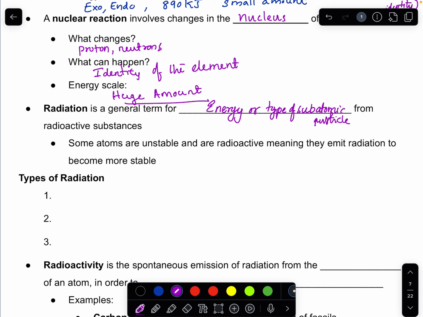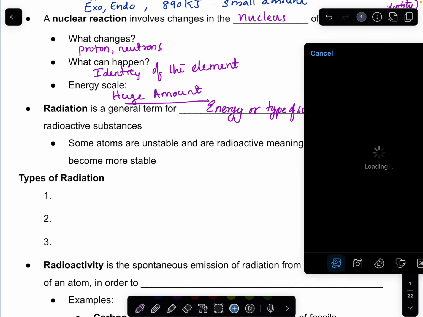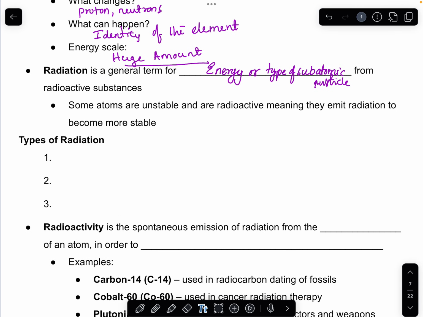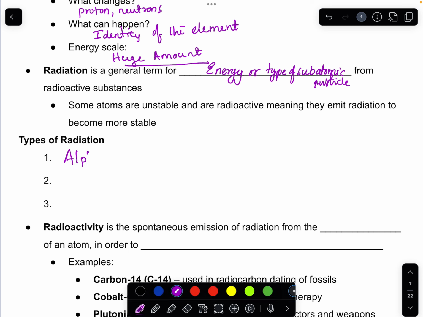We are going to mainly discuss three different types of radiation. There are so many types of radiation, but we are going to learn the first ones. First is emission of alpha. We're using Greek letters. This is how you write alpha. If you just write an A, then like this.